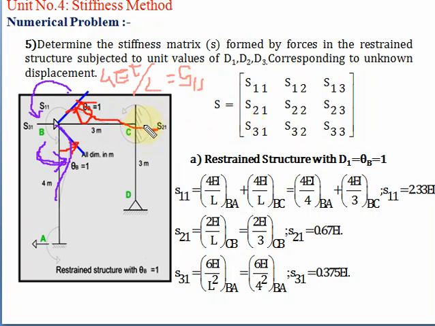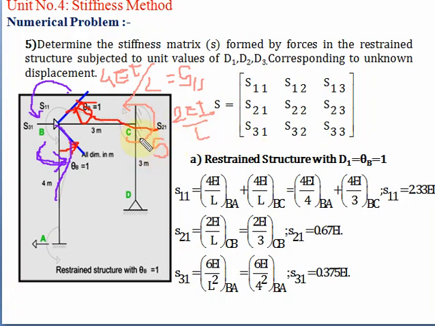Now when we apply the unit rotation at B, there will be a moment induced in member CB, and that will also be in anti-clockwise direction, and that will be half of 4EI upon L. Half of 4EI upon L is nothing but 2EI upon L. So here what will be the number now?